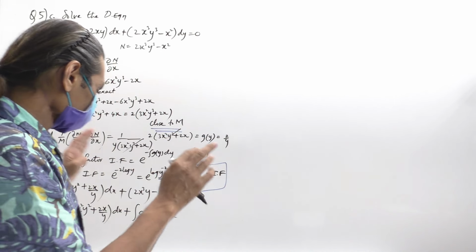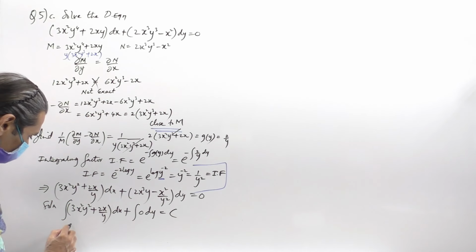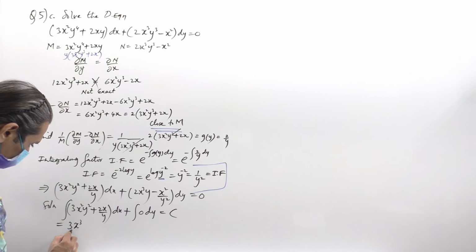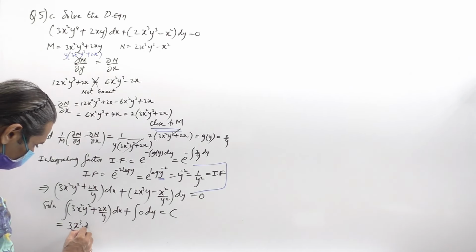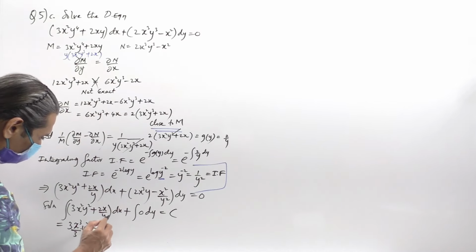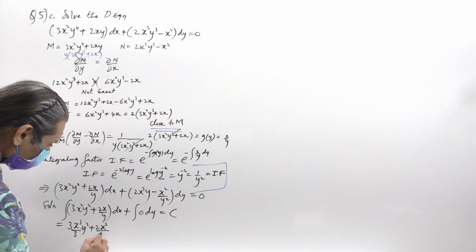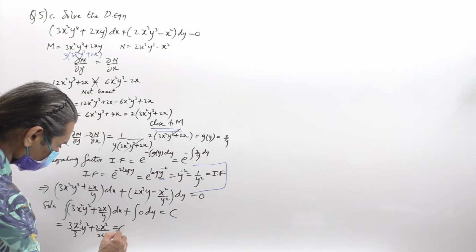Okay, so integration only M dx, that will be now 3 into, what is integration of x square? It's x cube by 3 into y square, plus 2 into, again integration of x is x square by 2, y, equal to c.